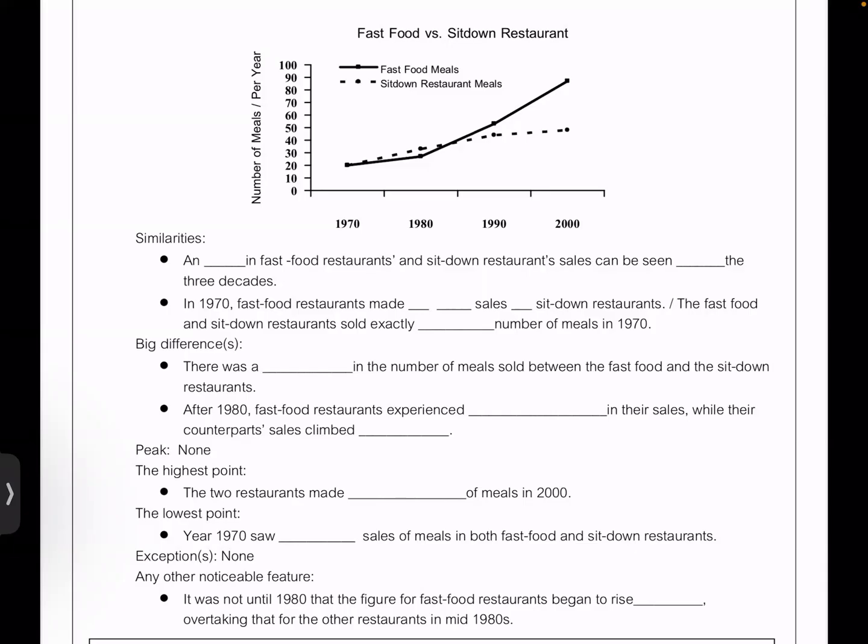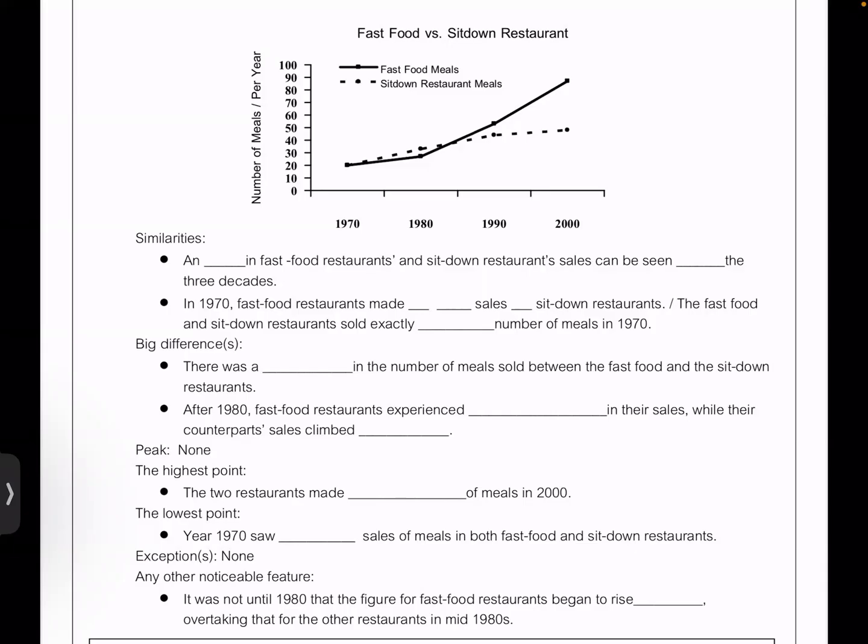So it looks like it's slowing down, right? For sit-down restaurants, it looks like the sales were slowing down. So the rate of change was decreasing, but the output is still positive. Okay? So it's increasing, but at a decreasing rate.